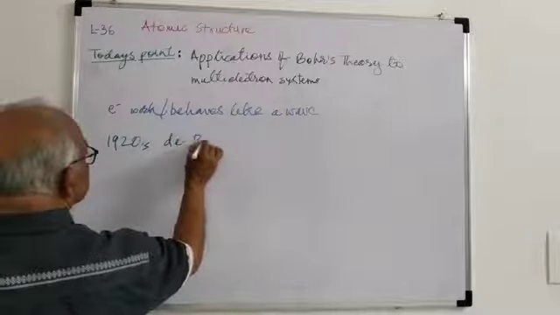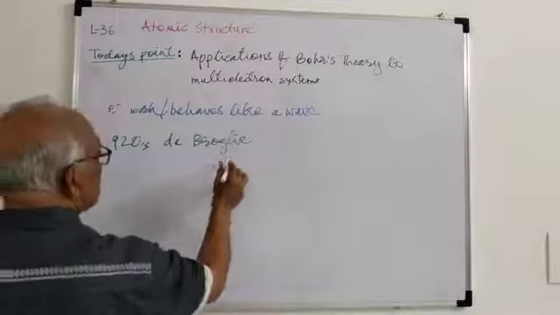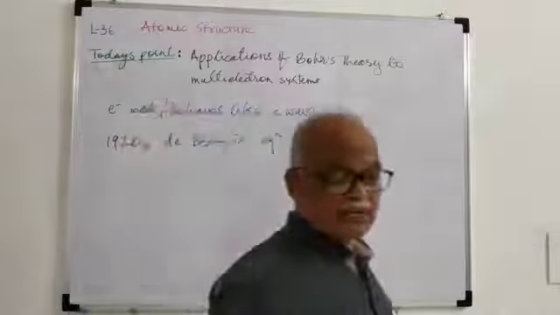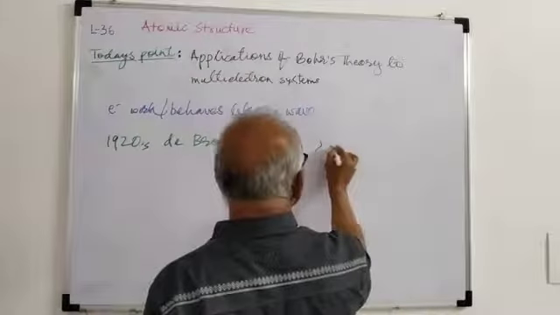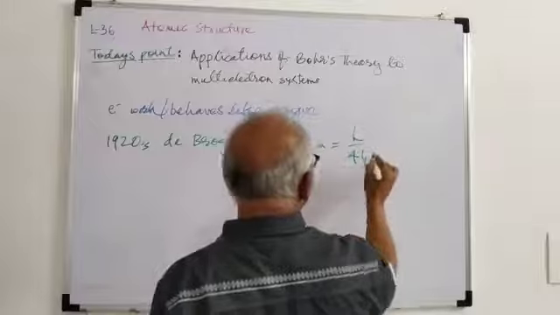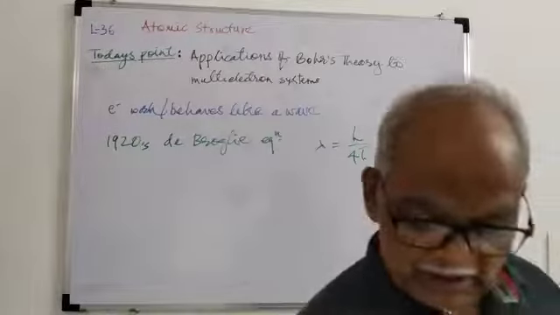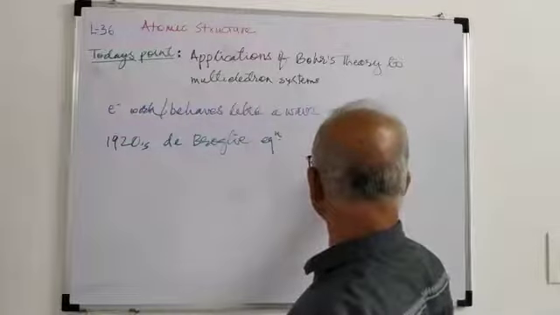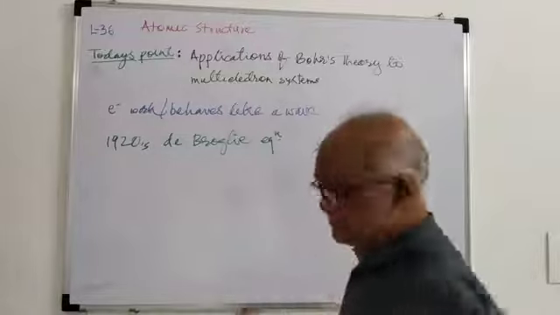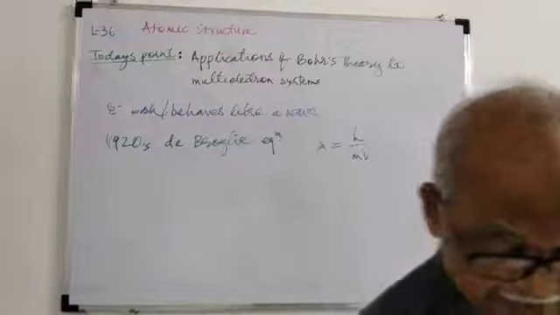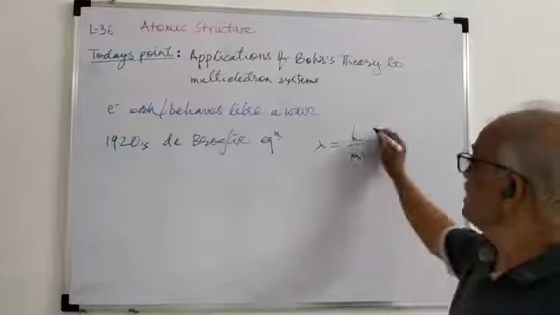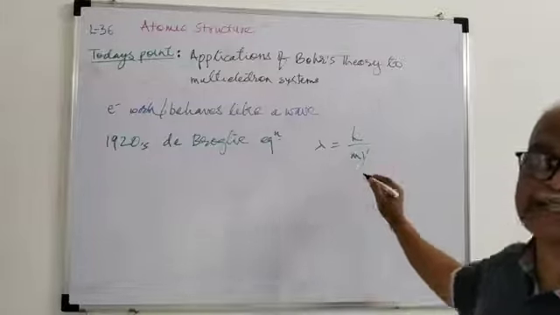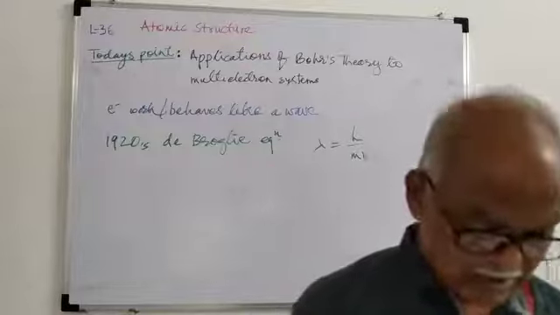De Broglie gave the equation lambda is equal to h upon mv. Here lambda is the wavelength, h is Planck's constant, m is the mass of the electron, and v is the velocity of the particle, that is, of the electron.